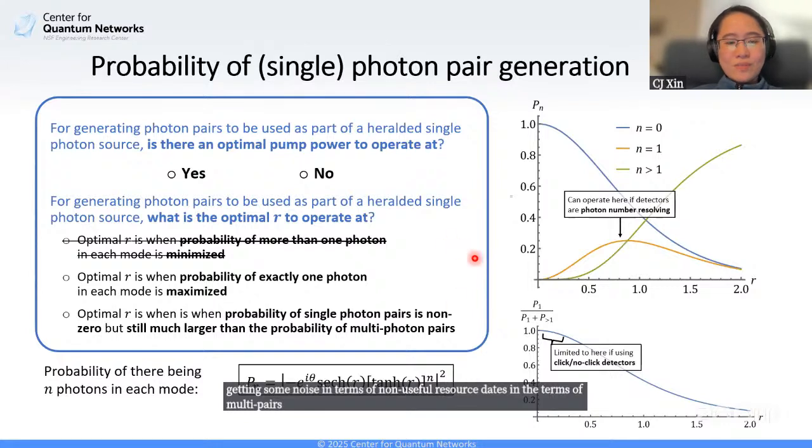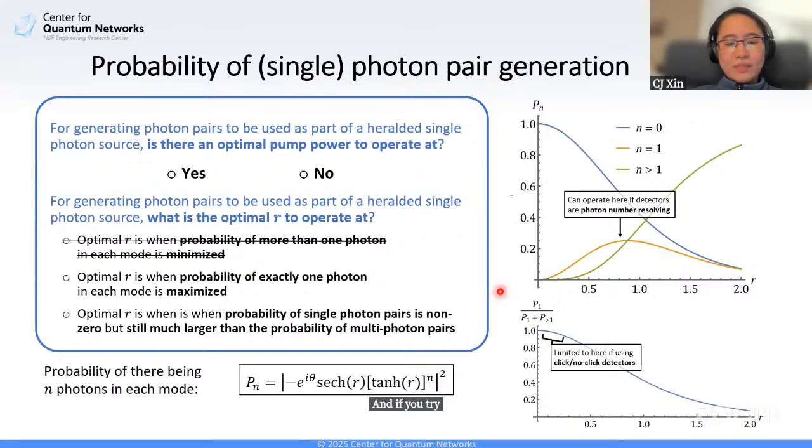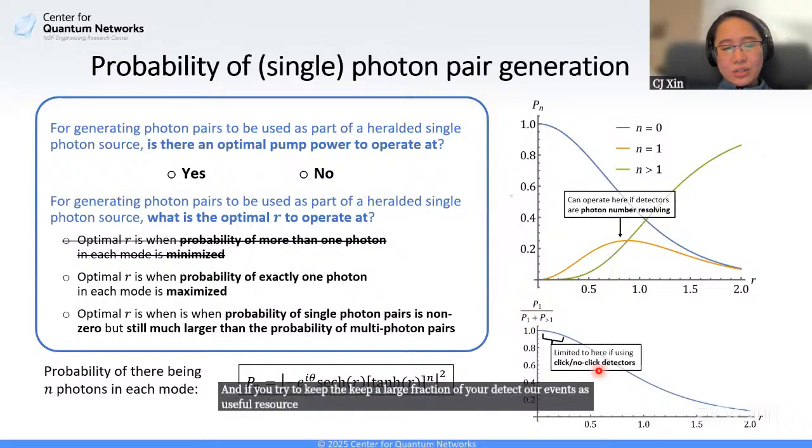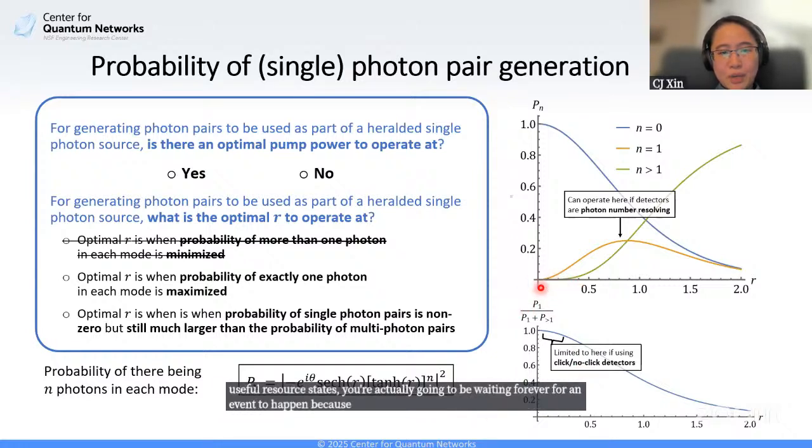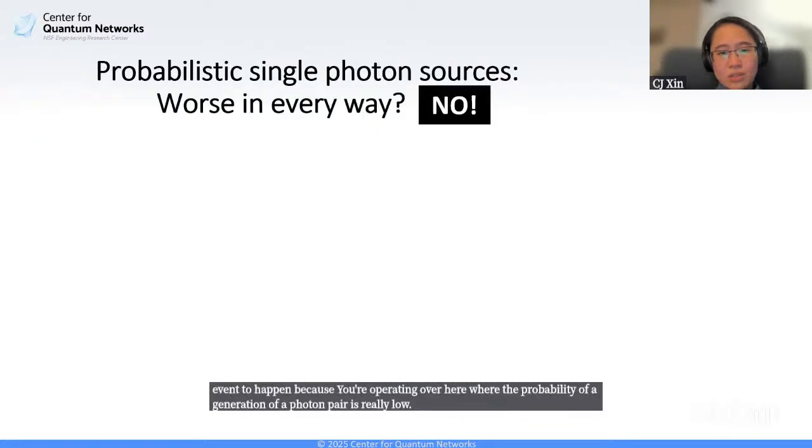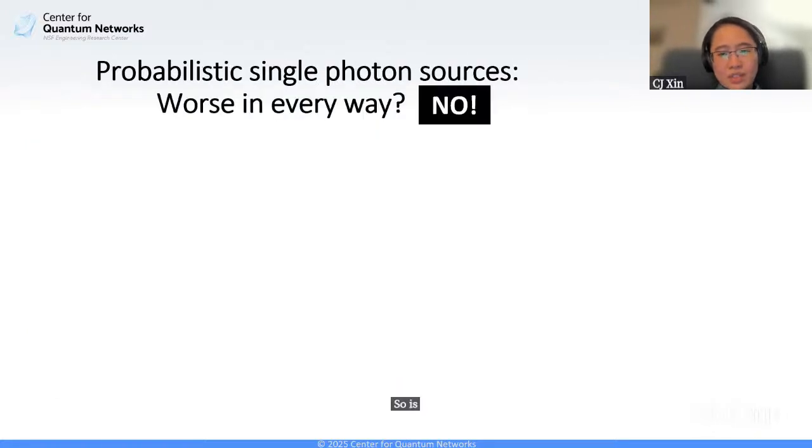And if you try to keep a large fraction of your detector events as useful resource states, you're going to be waiting forever for an event to happen, because you're operating over here where the probability of generating a photon pair is really low. So is this true? Well, in principle, kind of yes.